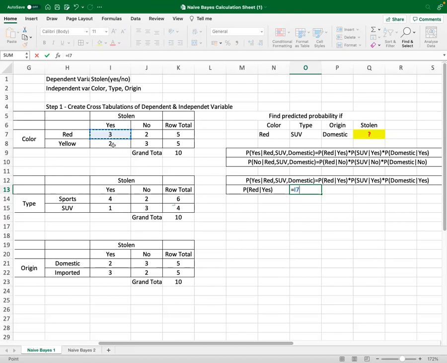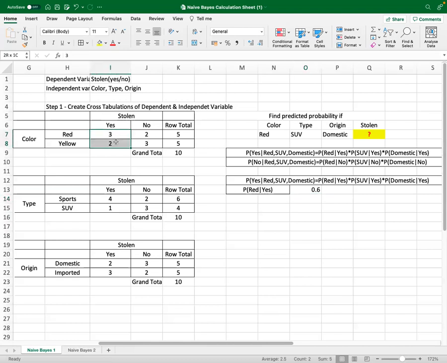Red, no. 0.63 divided by 5. Yeah. Column total.